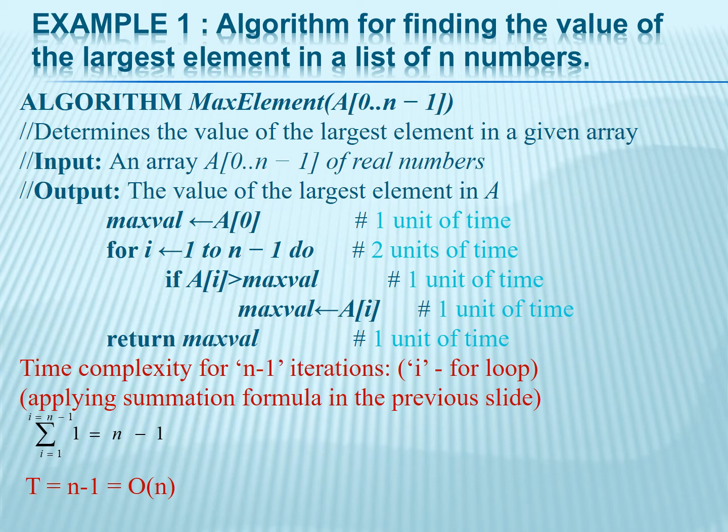Applying the formula, which is U minus L plus 1, to the limits, it is n minus 1 minus 1 plus 1. So the result is n minus 1.